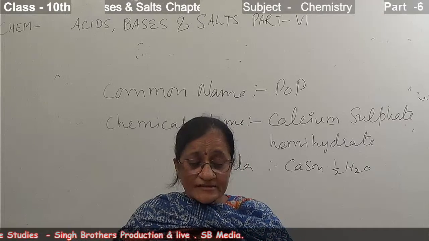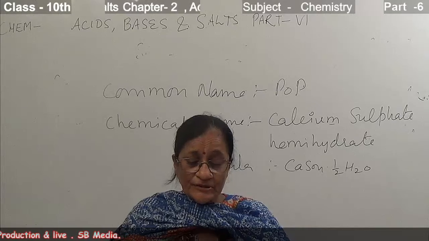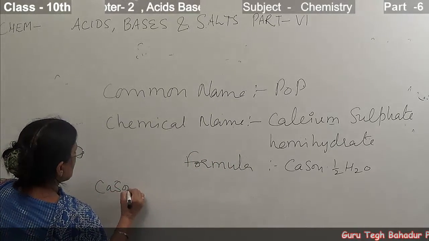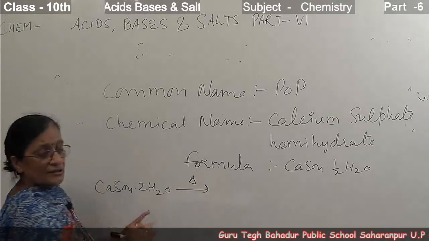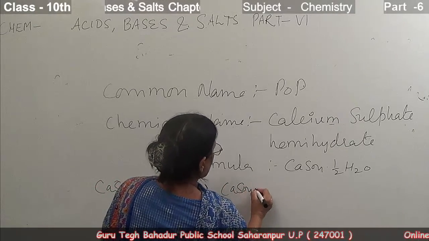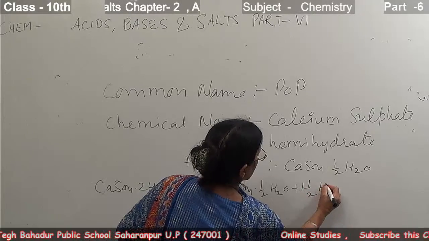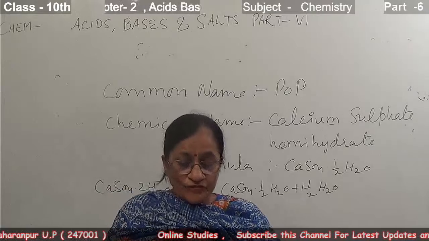Plaster of Paris can be prepared by heating gypsum, which has the formula CaSO4·2H2O. When we heat it, it forms CaSO4·½H2O plus 1.5 H2O is removed.